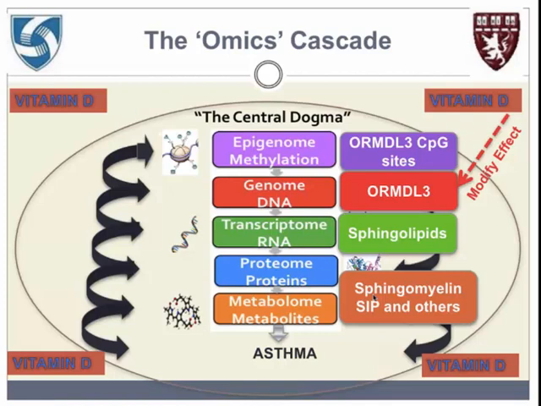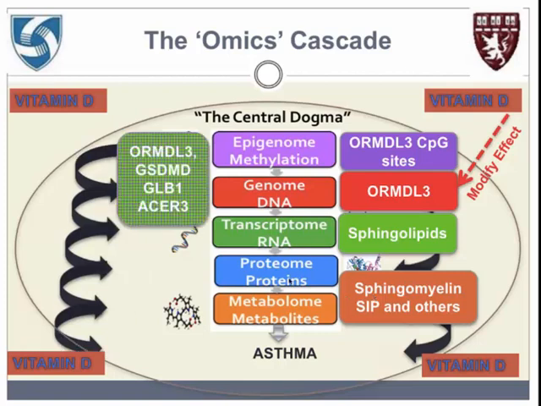Now, when we look on an integrative omic level, what do we see? When we look at the epigenome and the transcriptome together, we see 4 relevant genes, 3 of which are in the sphingolipid pathway. When we look at the transcriptome and the metabolome, one of the primary things we see is the sphingolipid pathway.